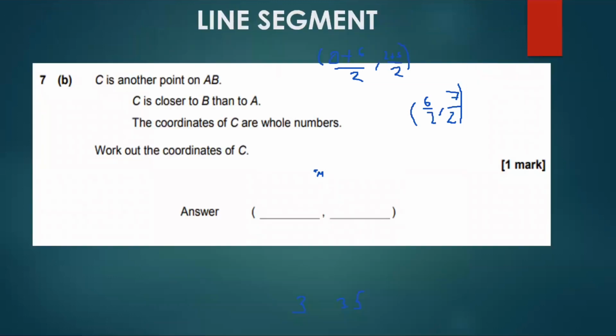Part B, okay, so C is another point on AB. C is closer to B than A. The coordinates of C are whole numbers.